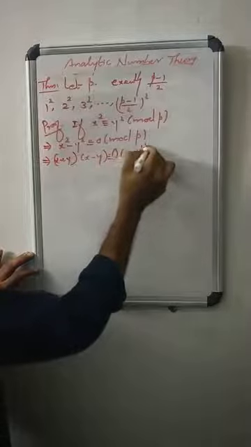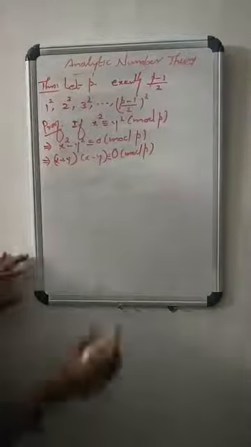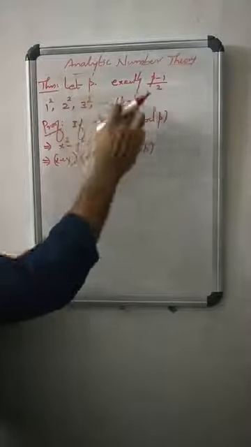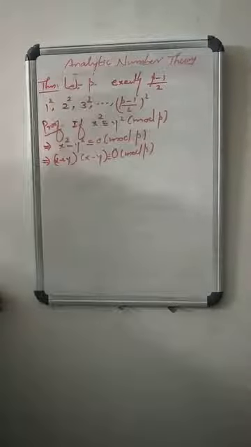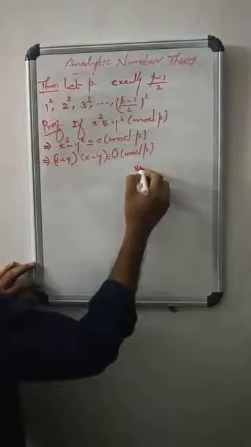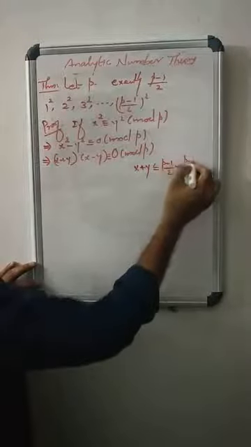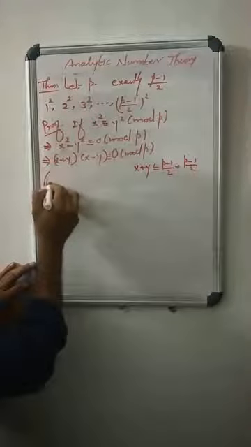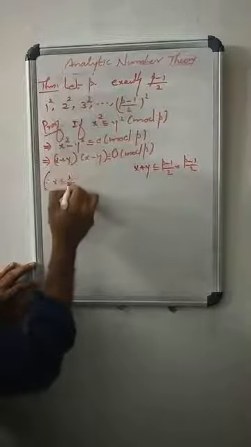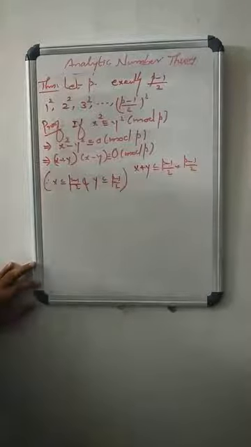But x and y, how many x's are there? At most (p minus 1) by 2. How many y's are there? At most (p minus 1) by 2. So x plus y is less than or equal to (p minus 1) by 2 plus (p minus 1) by 2, because x is at most (p minus 1) by 2 and y is at most (p minus 1) by 2.